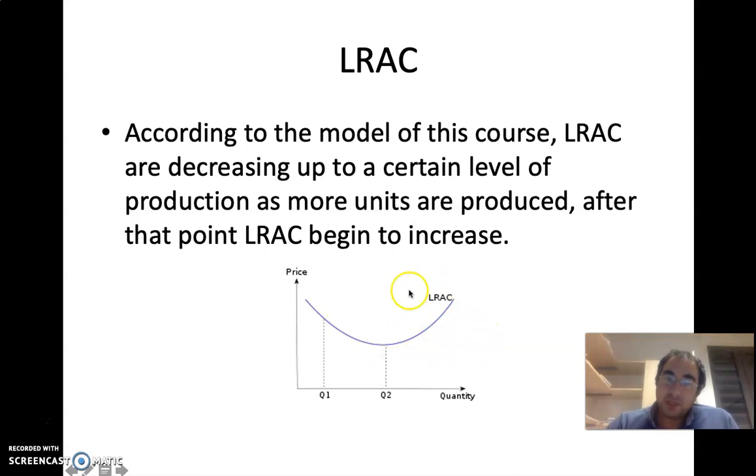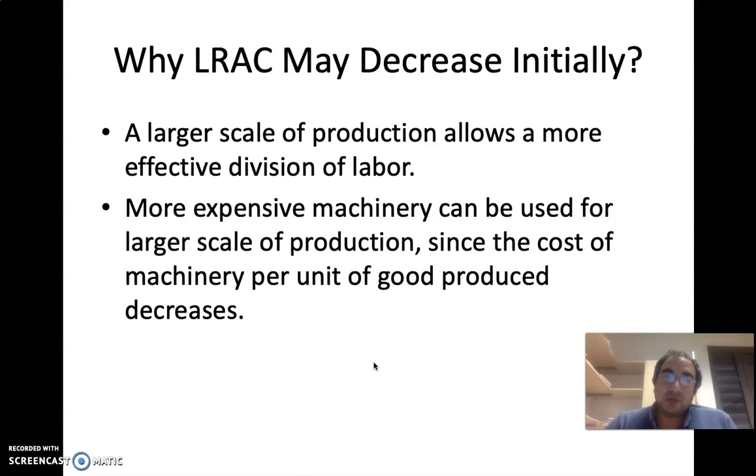The difficult part to explain is the rising part, basically. Why does the long run average cost curve have a positive slope after a certain point? So why do we have decreasing returns to scale? Well, there are two explanations, although they are not necessarily agreed on by all economists.